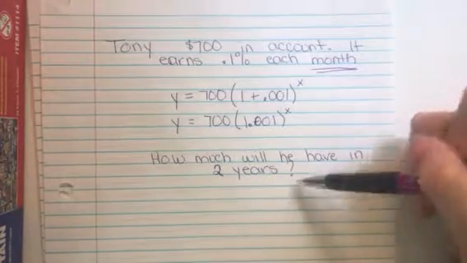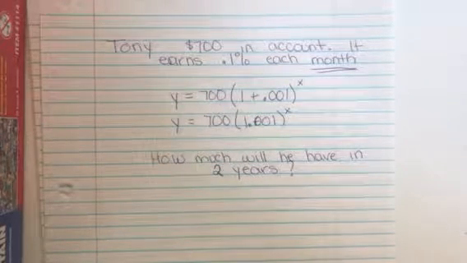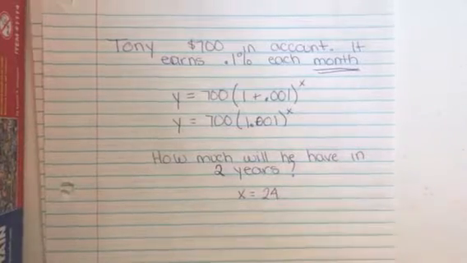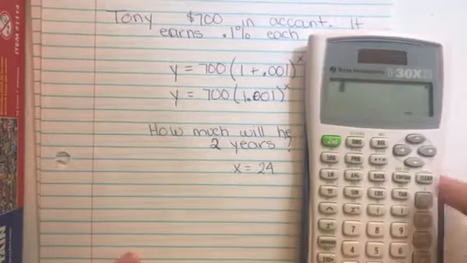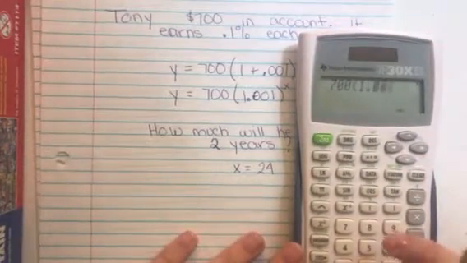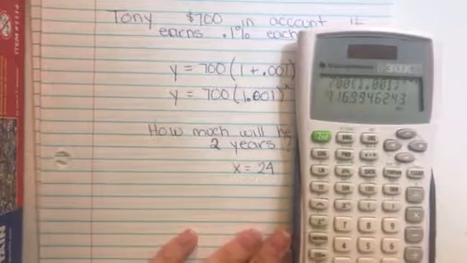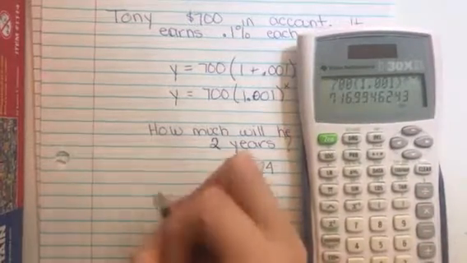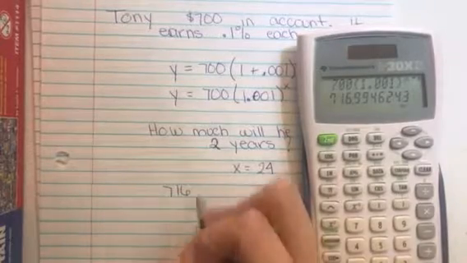So if we want 2 years, we're going to calculate how many months that is, right? There's 12 months in a year. So we will have to plug in an x value of 24. So if I say 700, 1.001, and I'll do up caret to the 24. Okay, after 2 years, he would have $716.99.